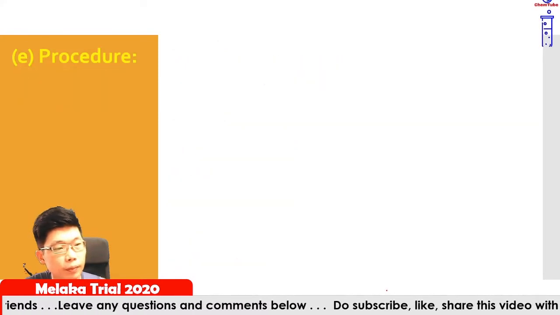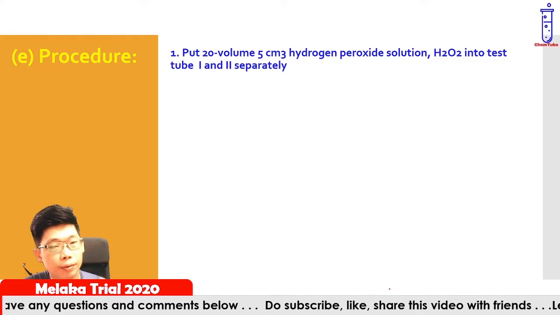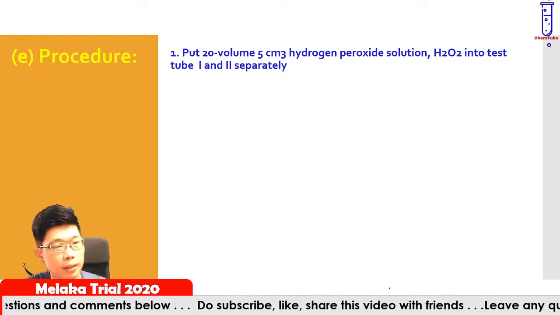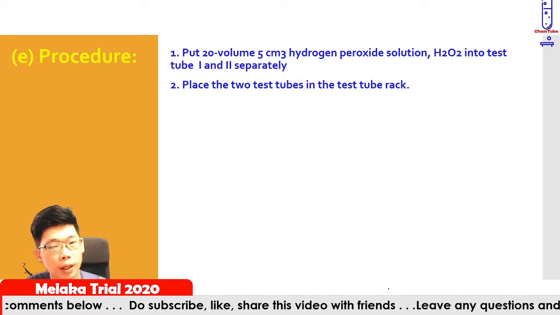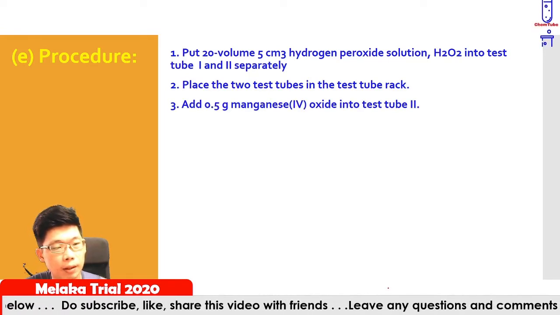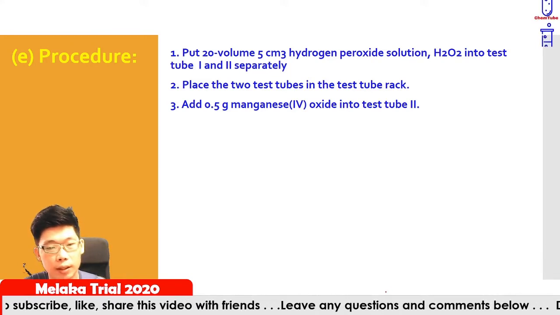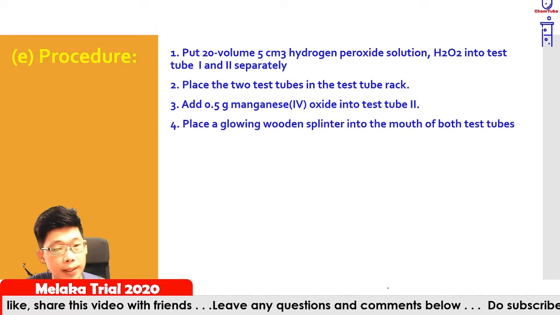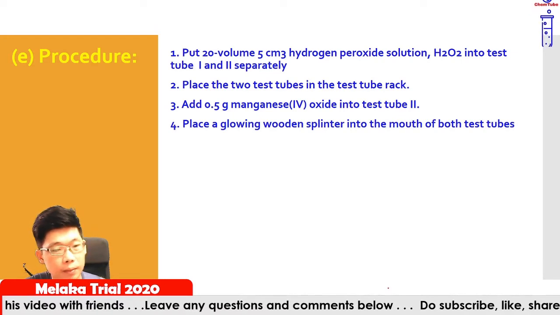Procedure. Put 5 cubic centimeters of hydrogen peroxide solution into test tube 1 and test tube 2. Place the 2 test tubes in the test tube rack. Then add 0.5 gram of manganese(IV) oxide into test tube 2, so test tube 1 is without the catalyst. Then place a glowing wooden splinter quickly into the mouth of both test tubes.